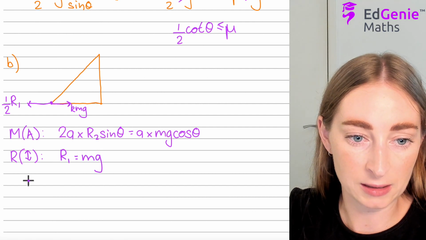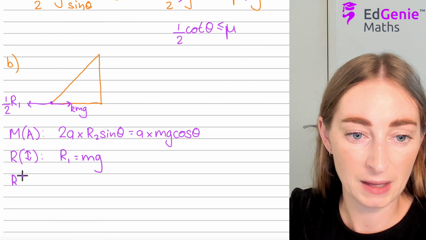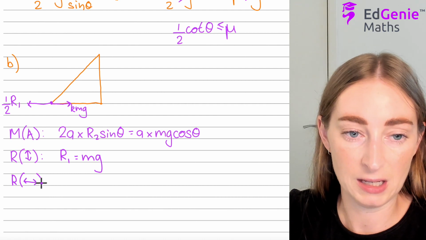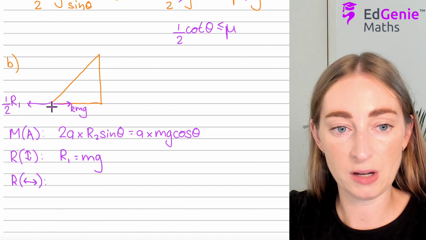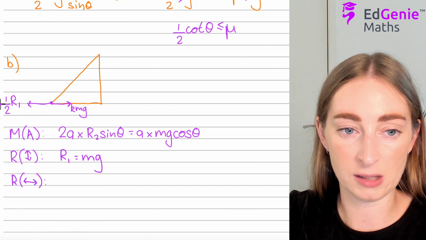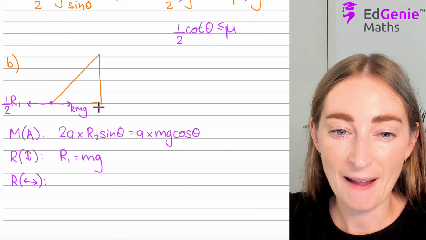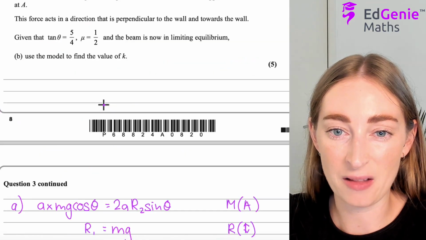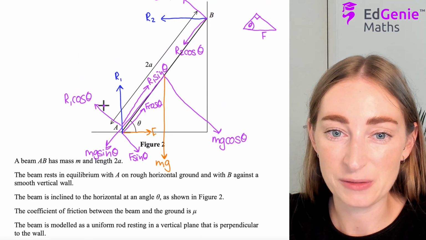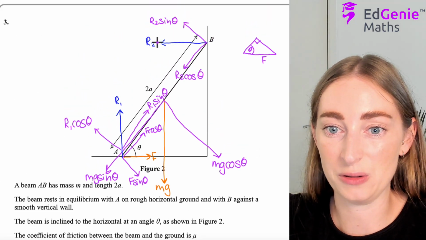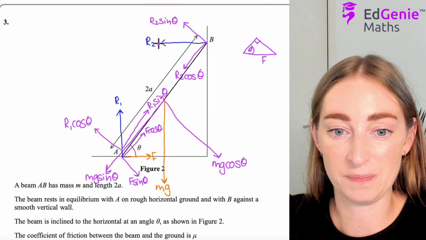Okay, now let's go left and right. This one is going to be different. So for this one, we've got half R1 going this way, kmg going this way, and let's have a look if there's any others. So we've also got this R2 going in this direction.